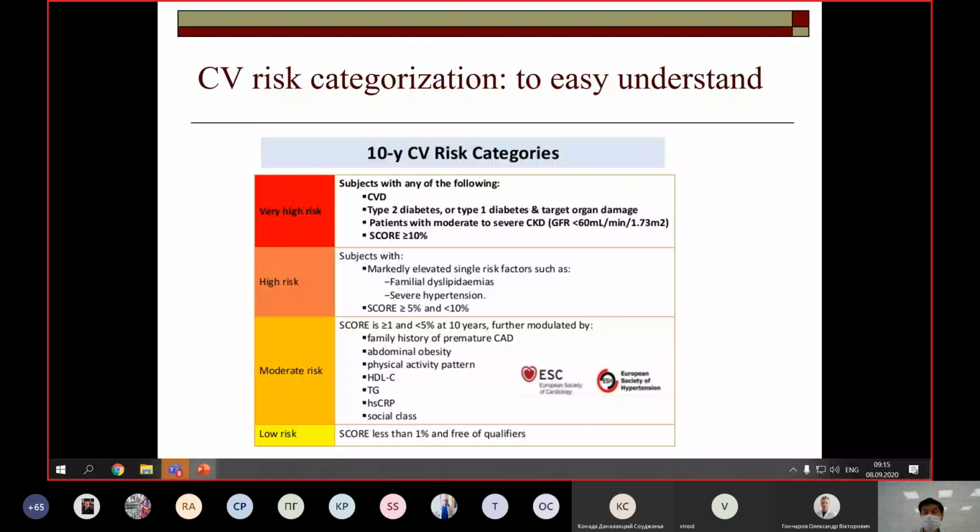The patient not having established cardiovascular disease should be qualified as having some risk. If cardiovascular disease has been established previously, you should not additionally calculate the risk. This risk is very high because cardiovascular disease has been established.